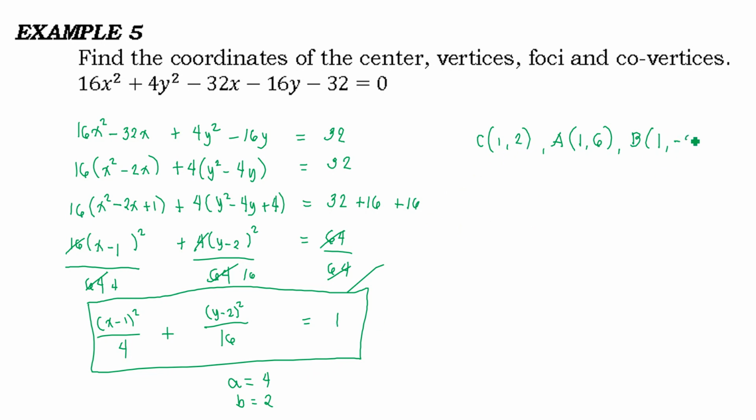Okay. Now, the foci would be using the concept of c squared equals a squared minus b squared. So here, we could have 16 minus 4, which is equal to 12.